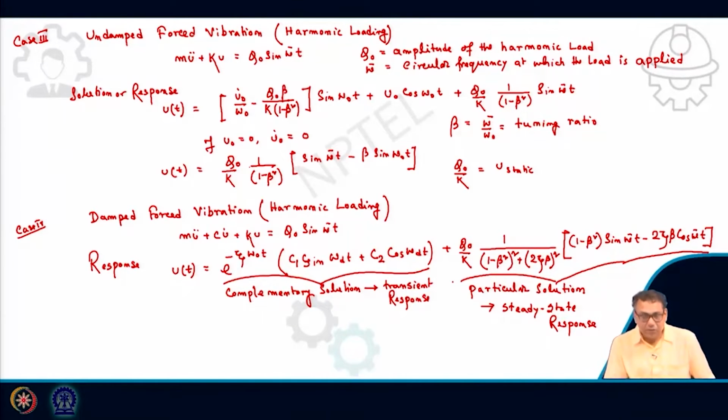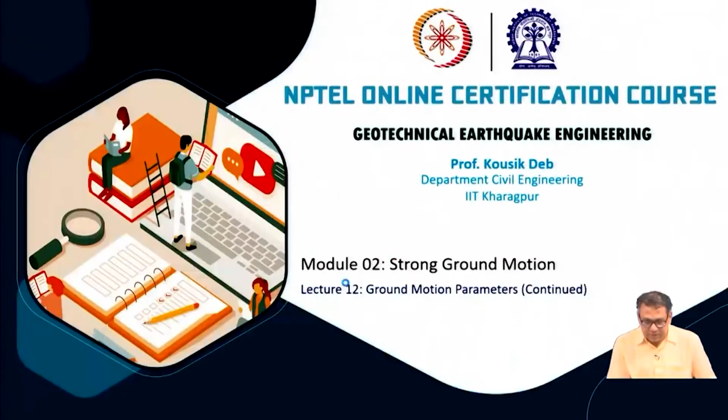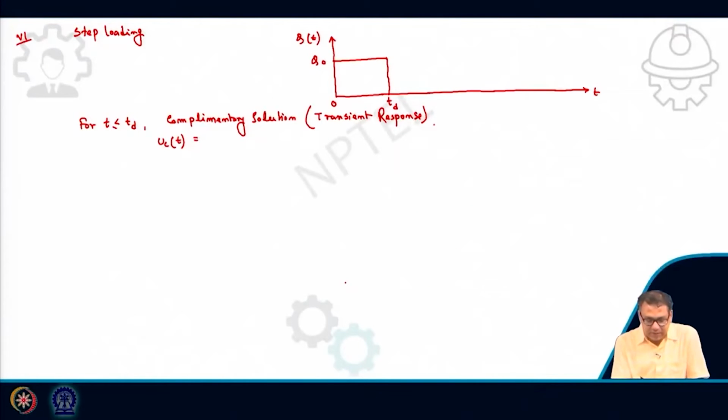For the step loading, the transient part will remain the same, but what about the steady state case? For the transient case the solution is, as already mentioned, e to the power minus damping ratio omega 0 t, then C1 sin omega d t plus C2 cos omega d t.